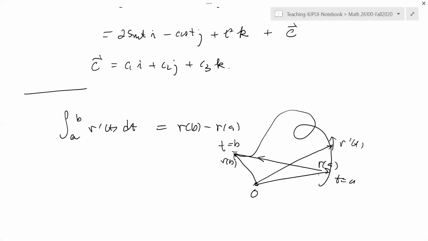So if you tell me, I don't know the position vector for the moving object, but I know the velocity vector, then we integrate this derivative and end up with the difference of the two position vectors, the starting point and the ending point.